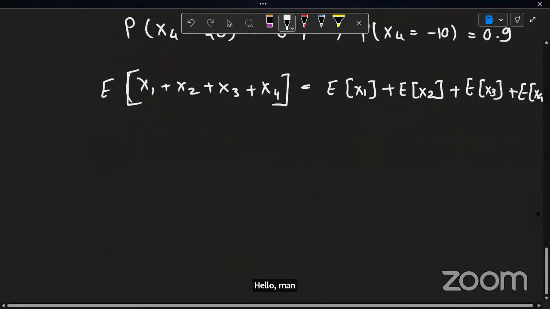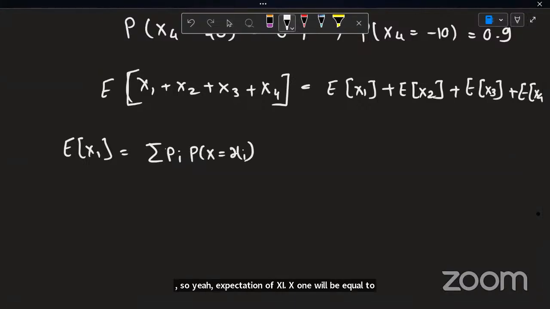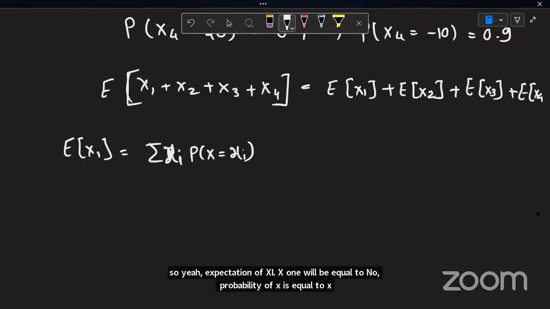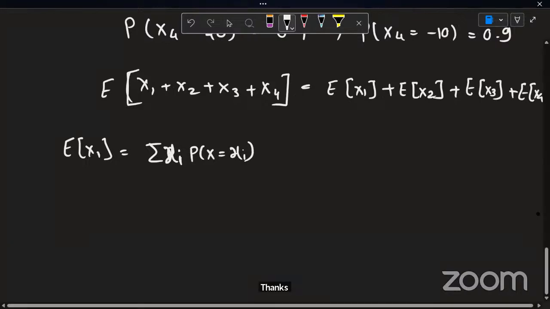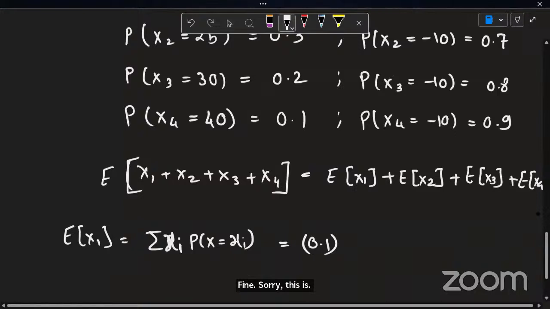Yes, so the expectation of Xi will be equal to the summation of xi into the probability of X equal to xi. So here it will be 0.1 into 20 for X1.